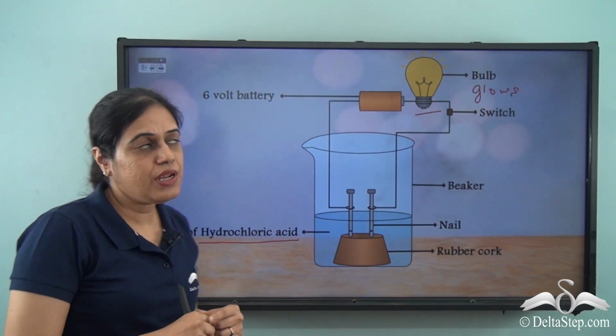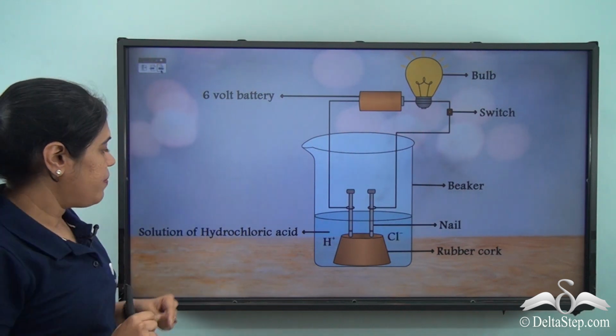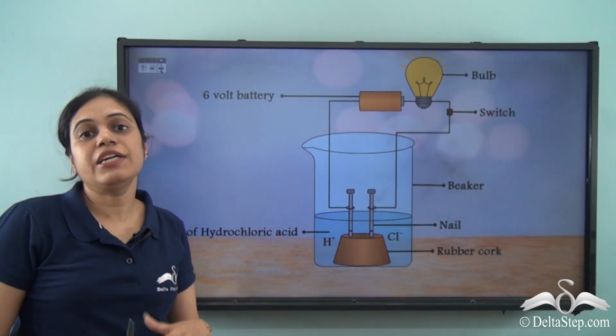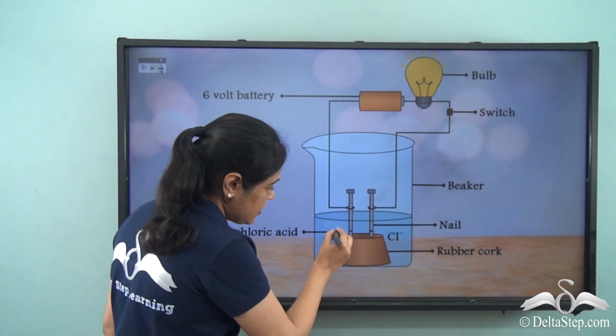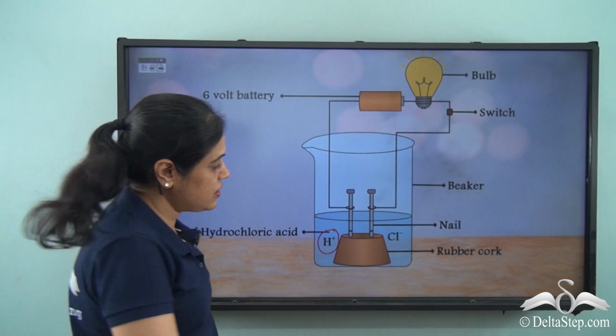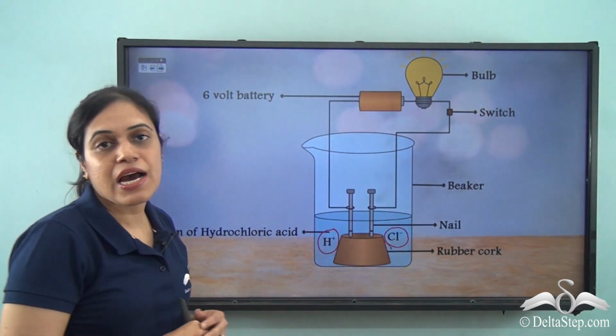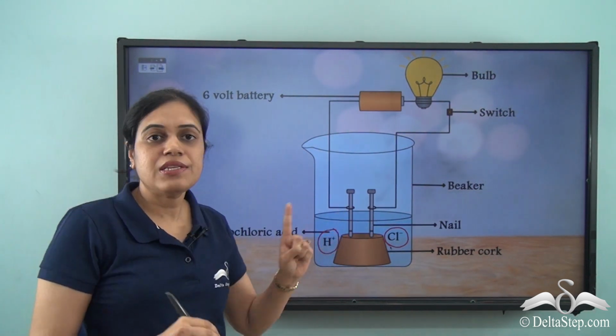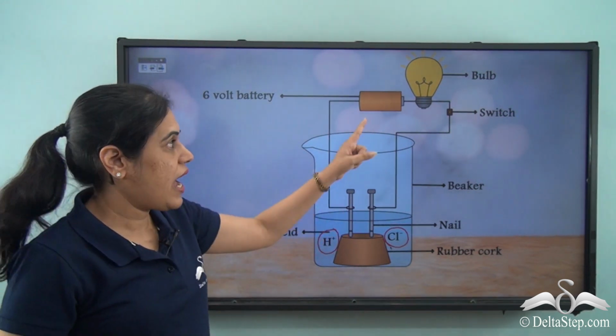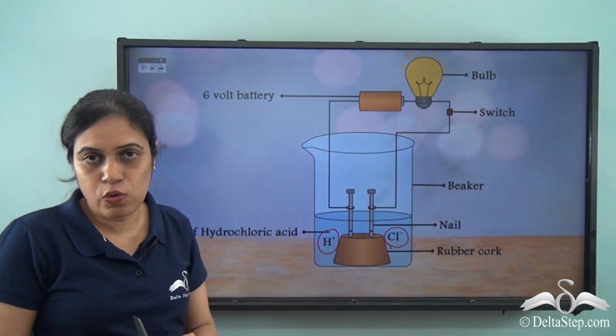Why does it happen? It happens because hydrochloric acid dissociates, or forms ions, that is H plus ions and Cl minus ions in solution. Now these ions carry electricity and hence the bulb glows.